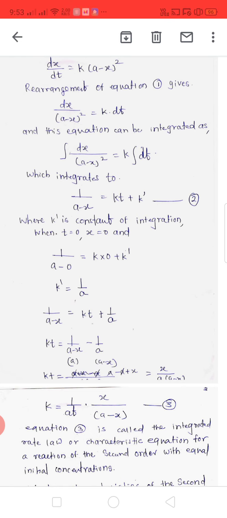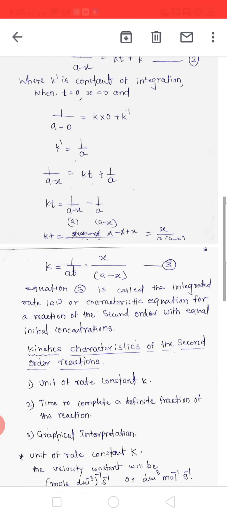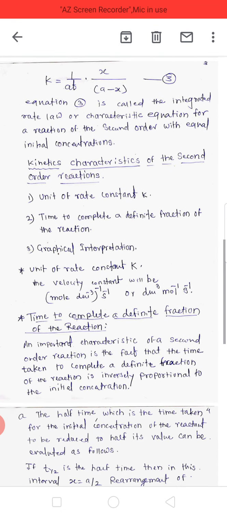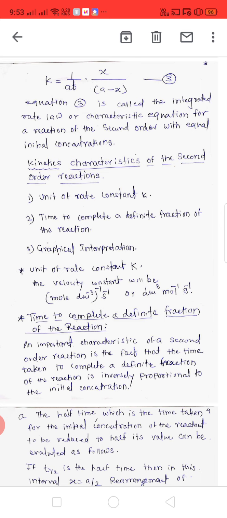Rearranging, kt equals 1 upon a minus x minus 1 upon a. The LCM is a into a minus x, so writing in the form, k equals 1 upon at into x upon a minus x. This is equation number 3.